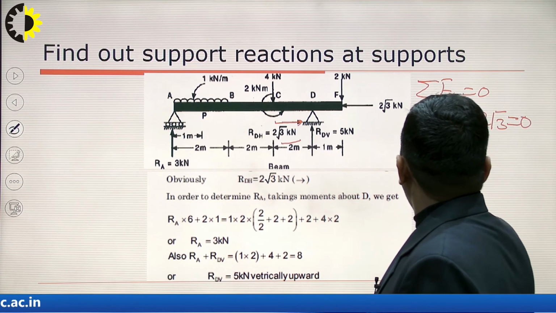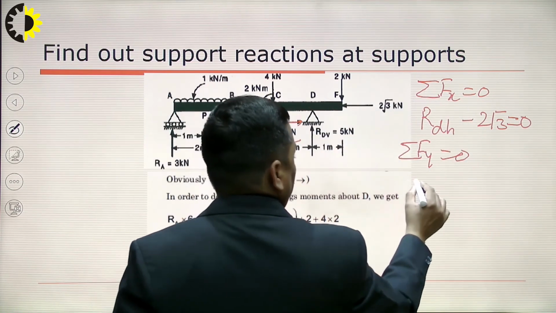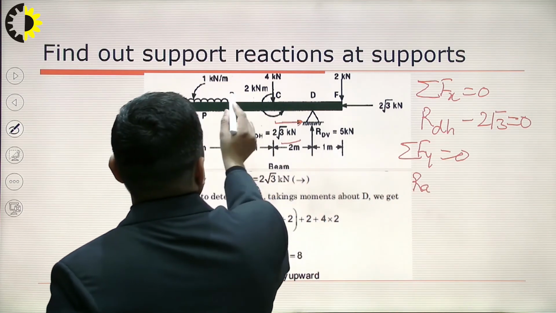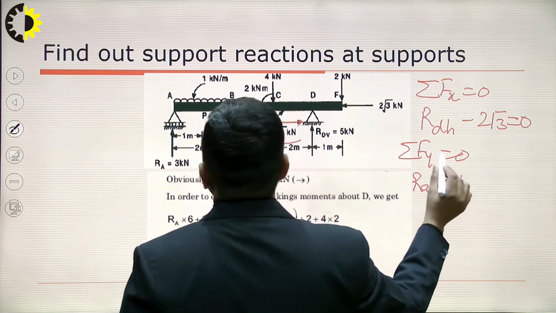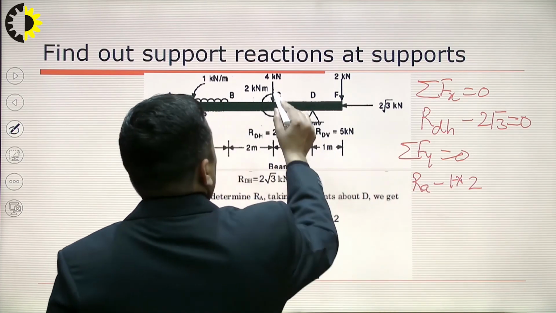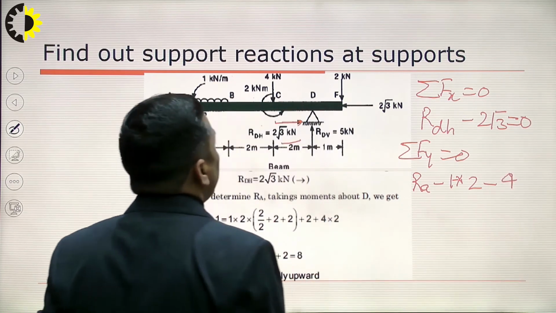Sigma Fy equal to 0. At point A, Ra. Between A to B there is a UDL, so minus 1 into the length of this UDL, which is 2, so 1 into 2. At point C there is a 4 kilonewton load, so minus 4.